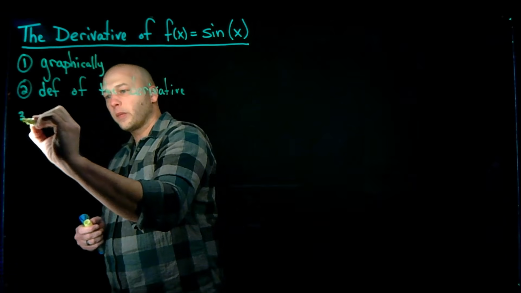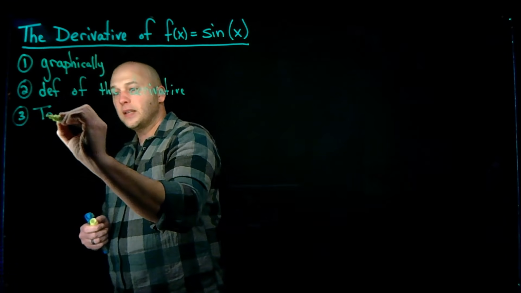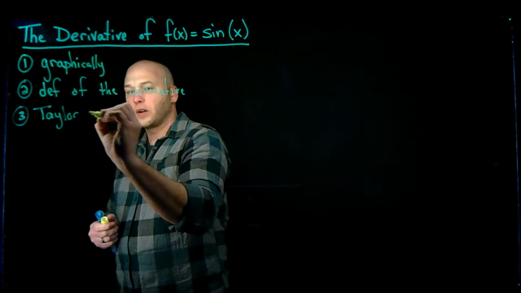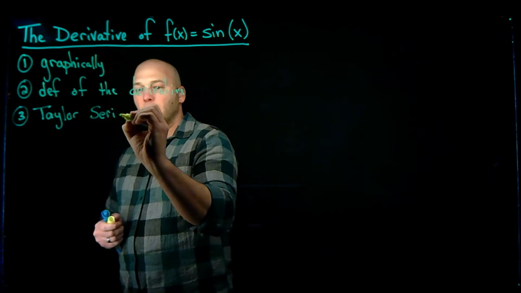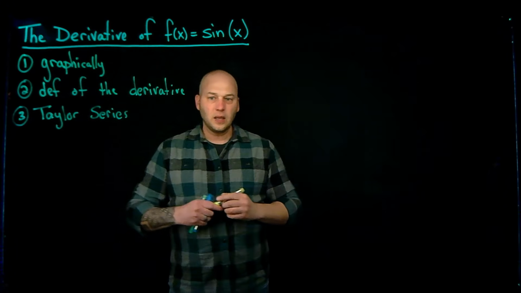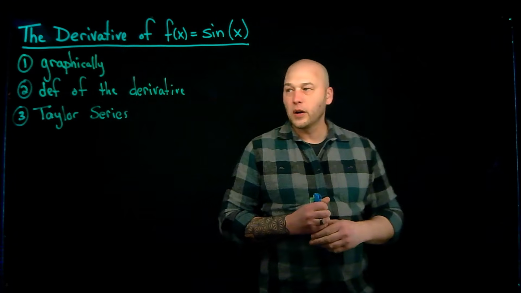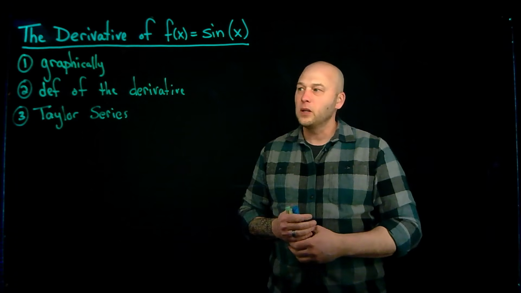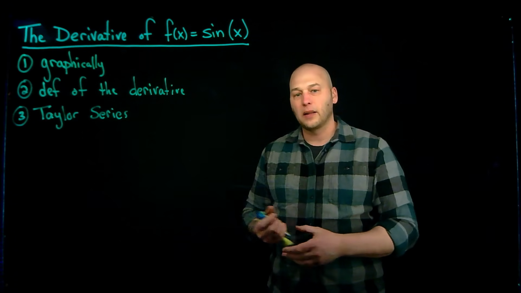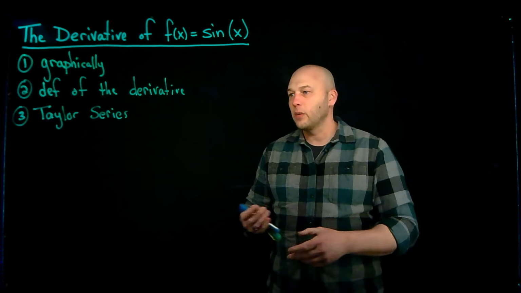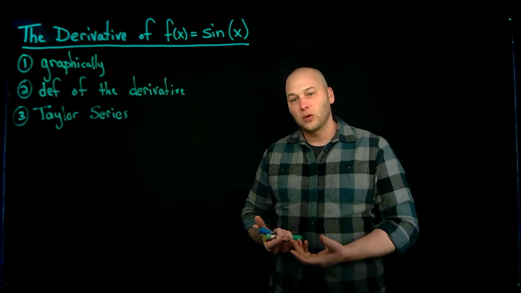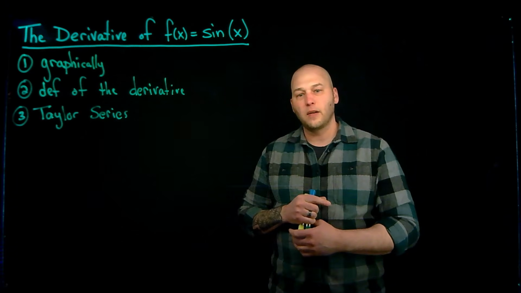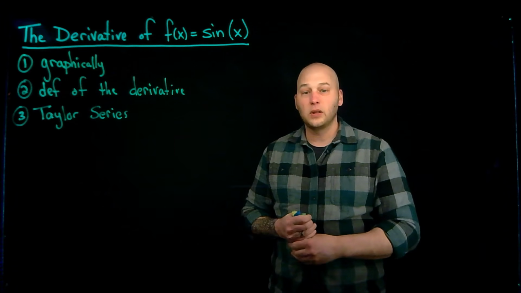And the third way that I'm going to do it is using the Taylor series of the function. And so what I'm going to do is present the derivative of the sine function, but I'm going to do it in three different levels of sophistication. Starting with the most basic, looking at the graphical interpretation, then we'll look at the definition of the derivative and how that applies to the sine function, and third, we'll use the Taylor series.